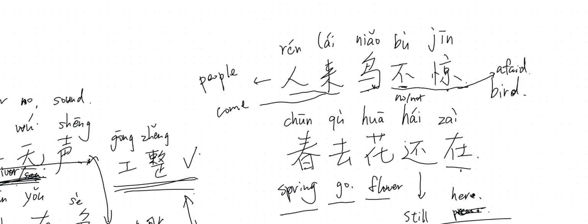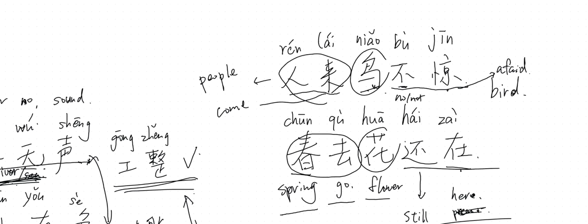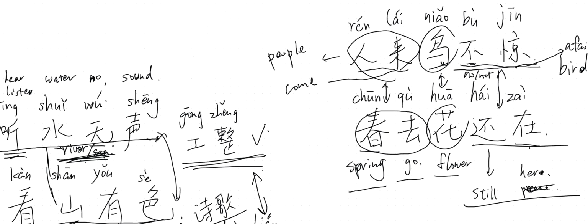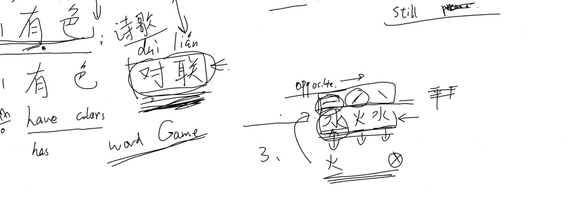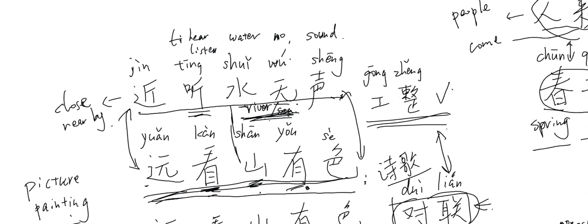You can still see the two connections. Spring, go. People come. The flower is still here. The bird did not get scared. Thing with action, the object and its action. Here is action, here is a still action.